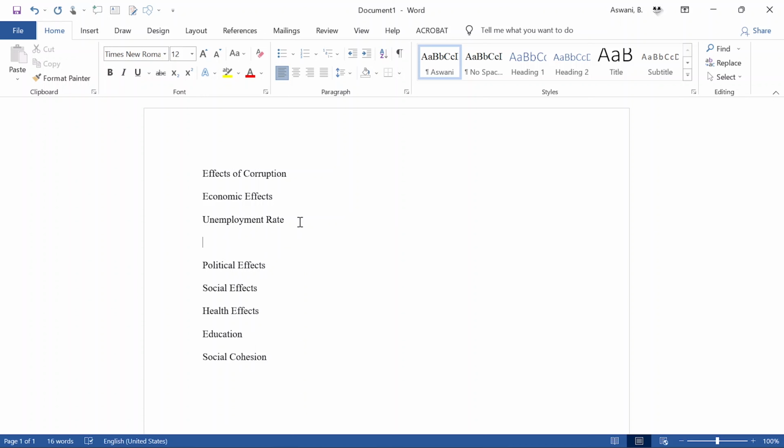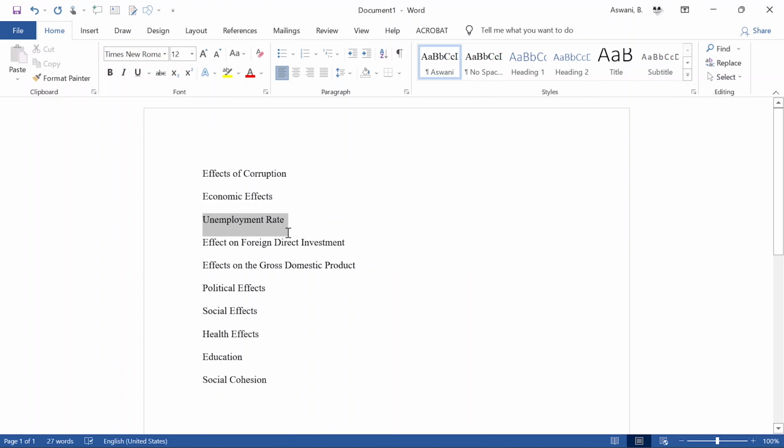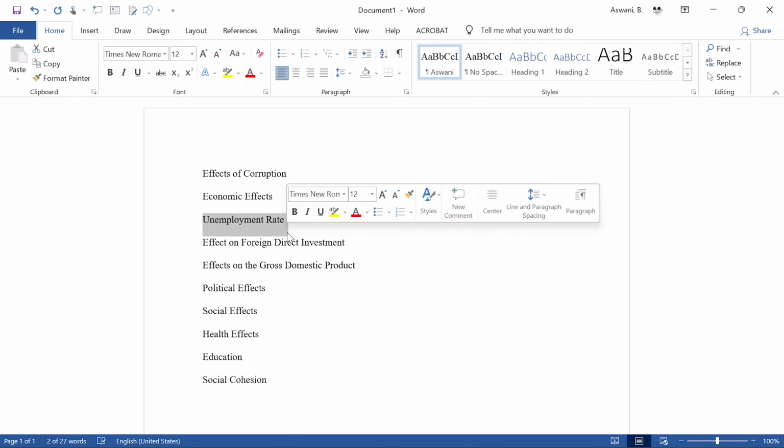And then you might also want to talk about effect on foreign direct investment, and then you also split into effect on gross domestic product. So you can see in this case, we have split economic effects into 3 areas where we'll be talking about how corruption affects unemployment rate, how it affects FDI, and how it affects the GDP.